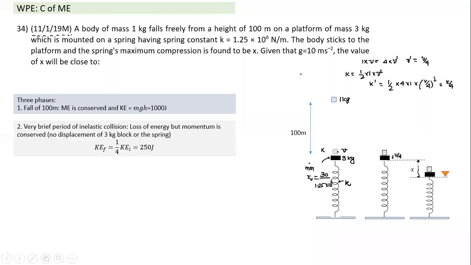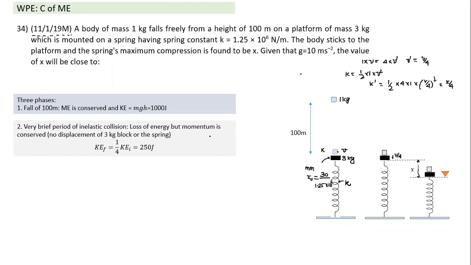Now it goes to the second phase, a very brief period of inelastic collision. Inelastic collision means it gets deformed and doesn't regain its shape. There's a loss of energy, but momentum is conserved. A large impulse acts on both blocks, on the 1 kg block in the upward direction and on the platform in the downward direction, and they stick together with a common velocity.